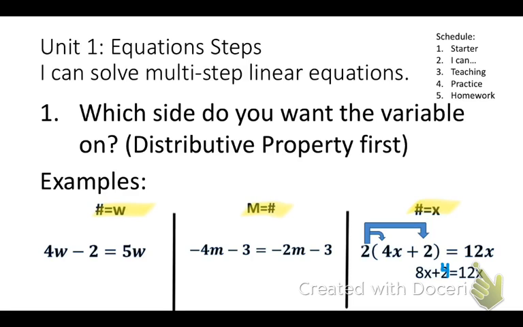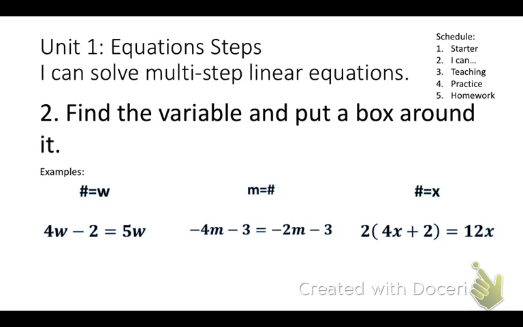All right, so like I said before, this is very similar to the two-step directions, so I'm now going to find the variable and put a box around it. Now notice when I do this on the first example, I end up having two boxes. On the second example, I have two boxes.